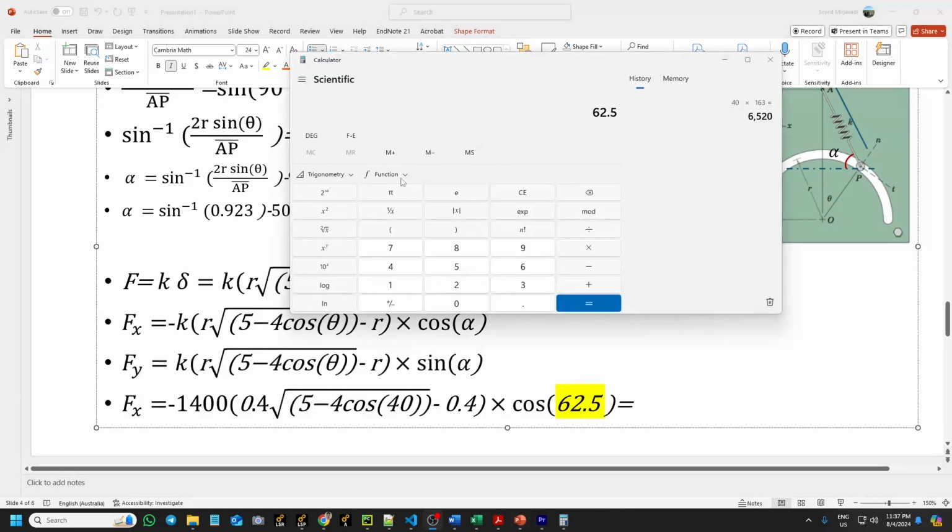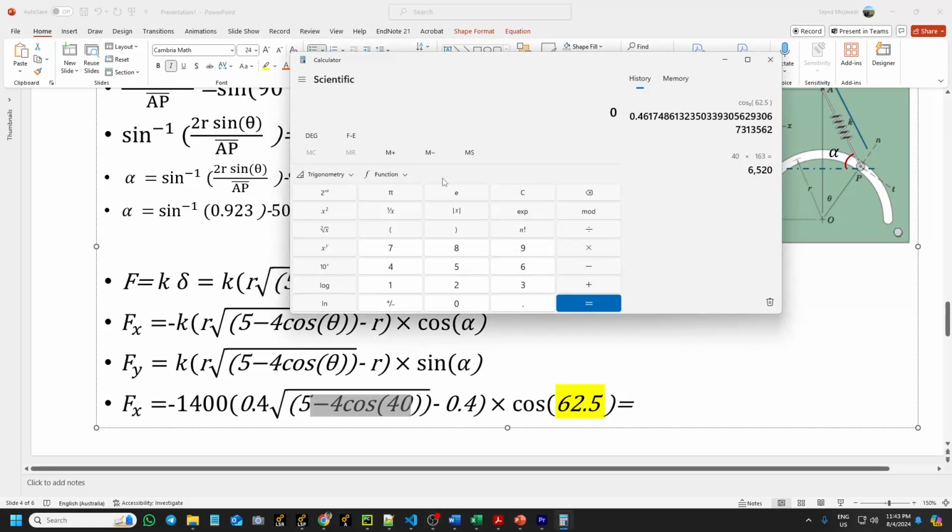Okay, let us calculate this. Cosine of this is 0.46, and we have already obtained this, I think. Okay, let us go one by one.